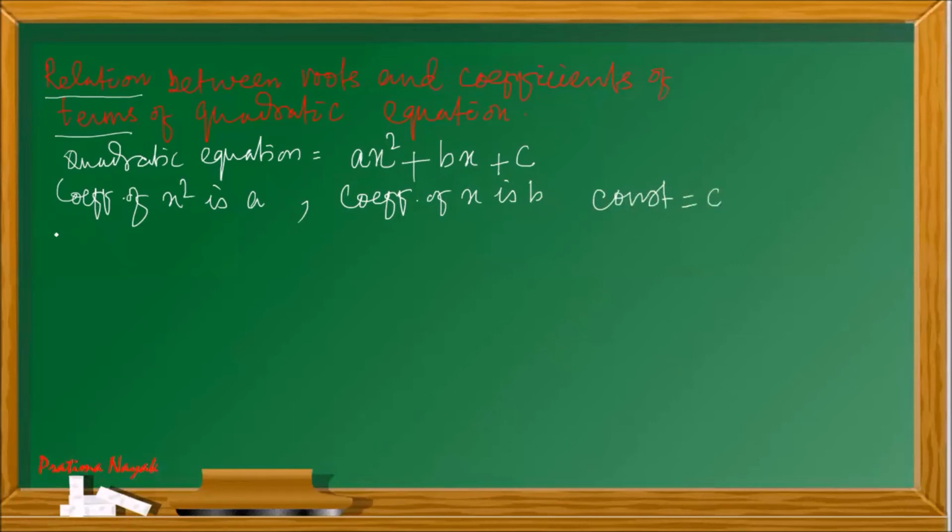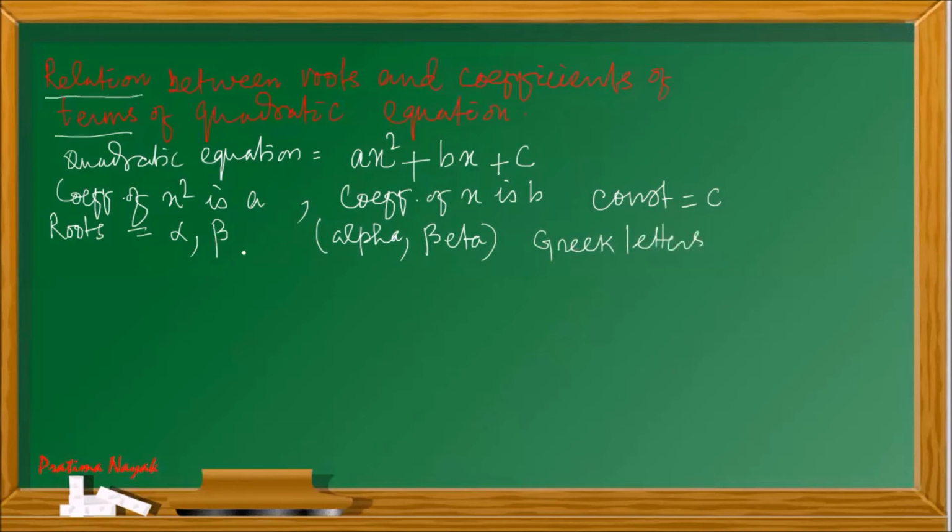Now here, I'll denote the roots. How many roots? Two roots. Roots as alpha and beta. What is it? Again a new thing. Of course, these are new things you must learn because you are going to higher classes. So this alpha and beta are two Greek letters.